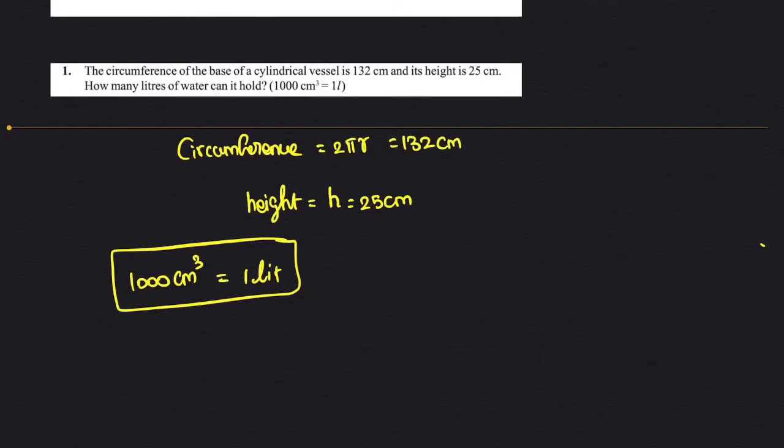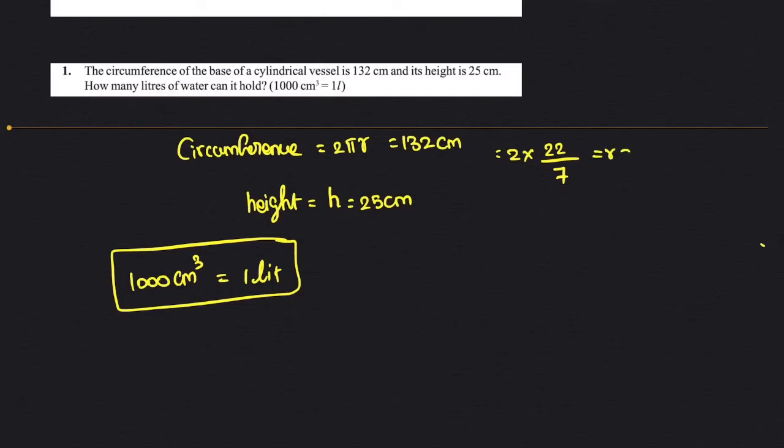Next, from the circumference, 2 pi r is equal to 132 centimeter. Replacing the values, 2 into pi, which is 22 by 7, and we need to find the radius.